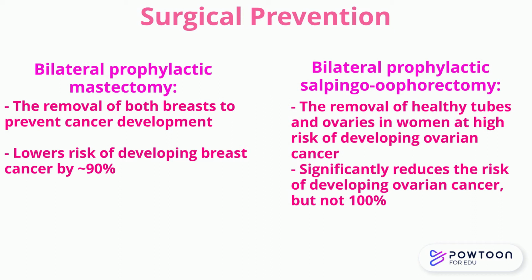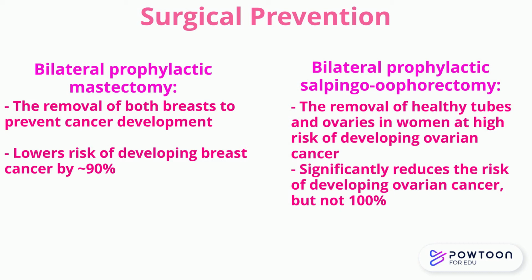A bilateral prophylactic mastectomy is the complete removal of the breasts. Having this surgery done reduces your risk of developing breast cancer by around 90%. The risk cannot be completely eliminated because of how much breast tissue there is. It can be possible to miss the tiniest pieces.